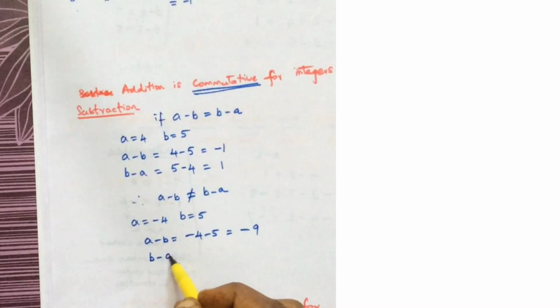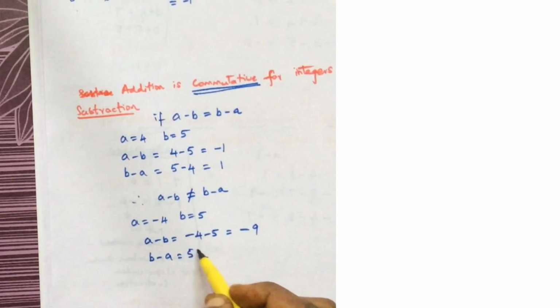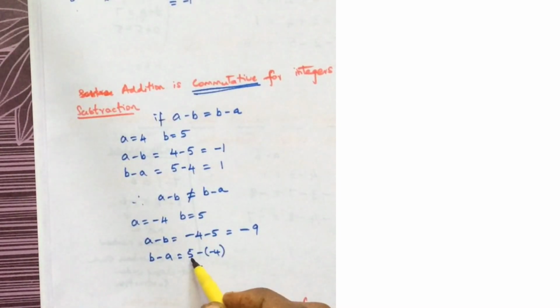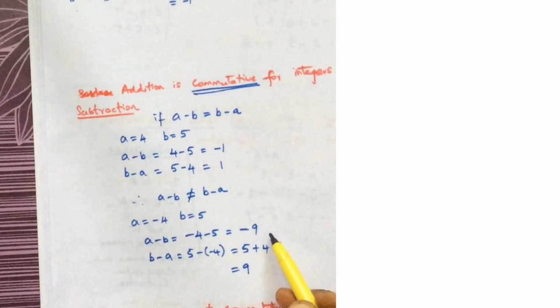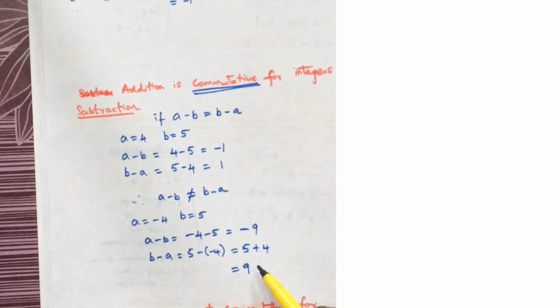What is b minus a? b is 5, minus of a, and a is -4. That is equal to 5 minus (-4), minus into minus is plus, 5 plus 4, that is equal to 9. Here the answer is -9 and here it is +9.